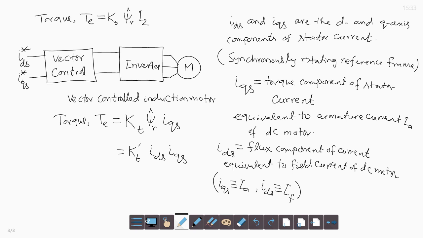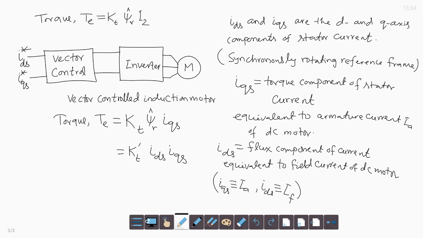Now in this synchronous rotating reference frame with the vector control, in this torque equation IDS and IQS are independent of each other. When torque is controlled by controlling the q axis component of the stator current IQS, the flux psi r remains unaffected.